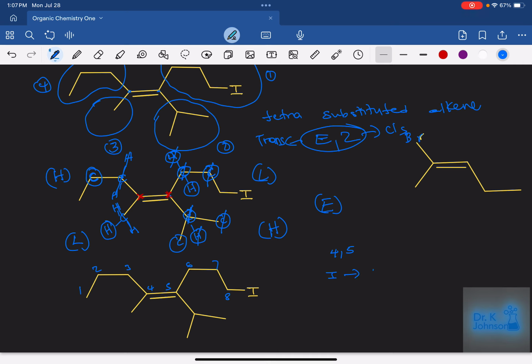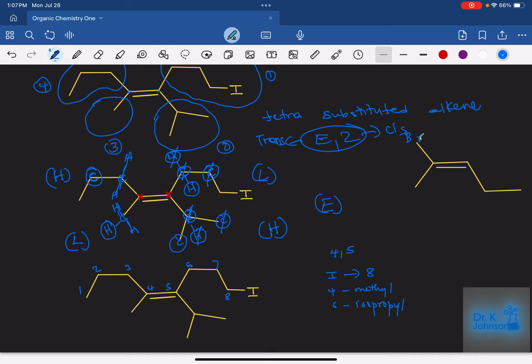Iodine is on number 8, right? On 4 and 5, on 4 I have a methyl group, and on number 5 I have an isopropyl group.